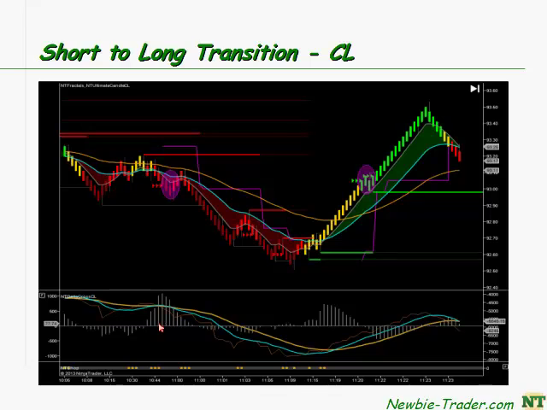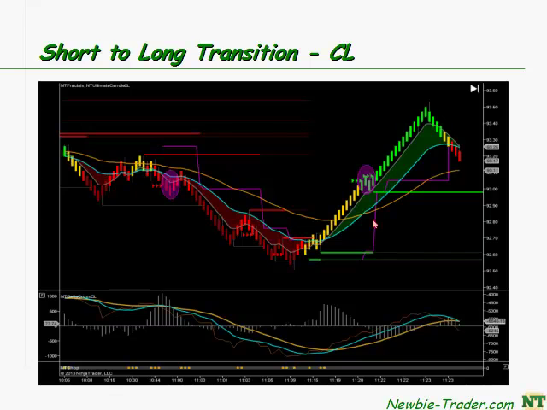So some of the things we want to look at here. When you're going short, again, you've got the red crossover in your cloud. You have red candles. You have red lines. Your delta is crossed to the downside.